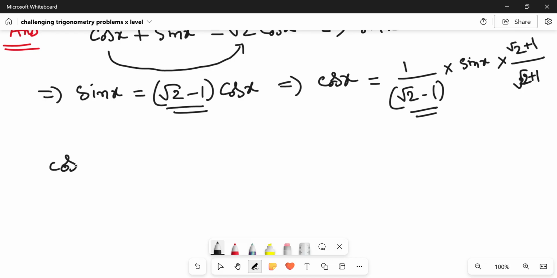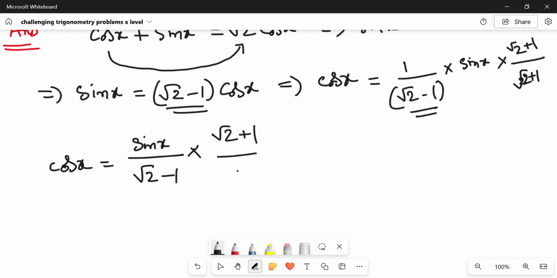So you have cos x is equal to sin x divided by root 2 minus 1. So let's multiply and divide with root 2 plus 1. And now on the numerator you have root 2 plus 1 multiplied by sin x.